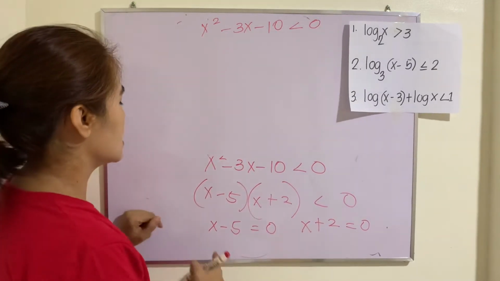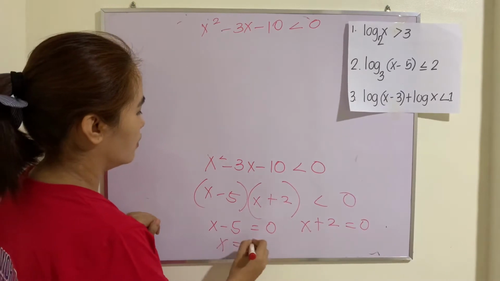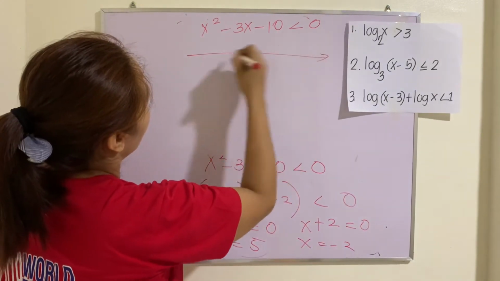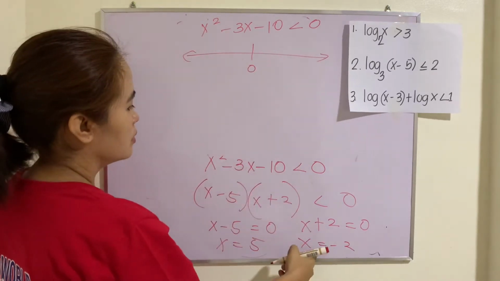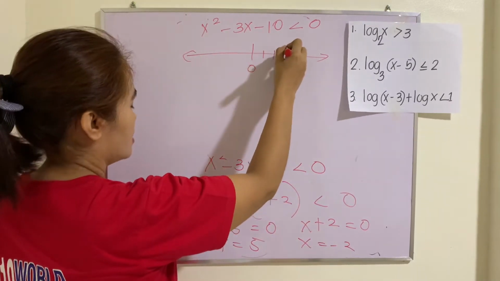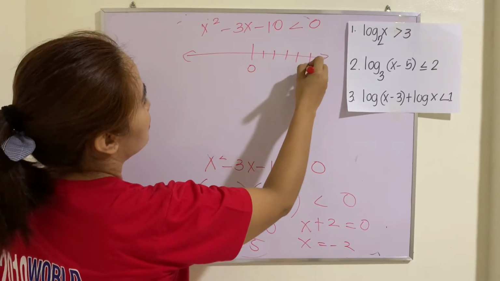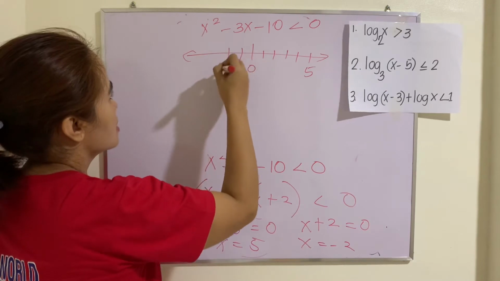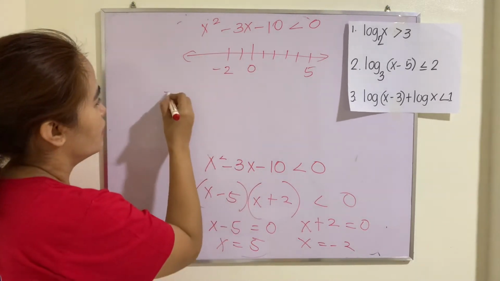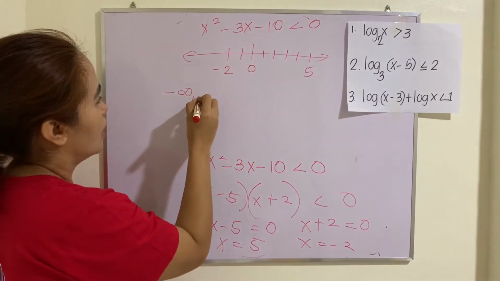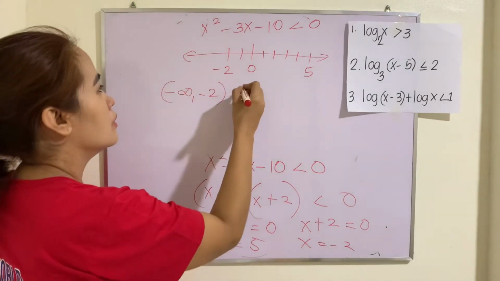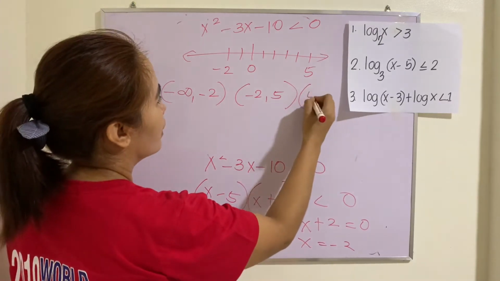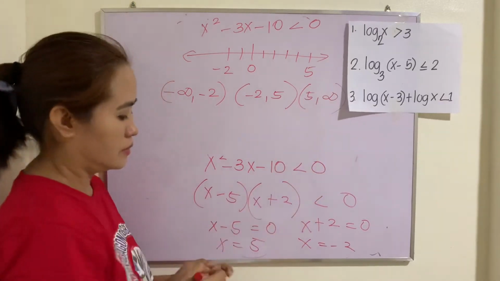So x is equal to 5 here and x is equal to negative 2. Using the number line, we have 0. This one is positive 5. 1, 2, 3, 4, 5. And this one is negative 2. So you have negative infinity to negative 2, negative 2 to 5, and 5 to positive infinity.